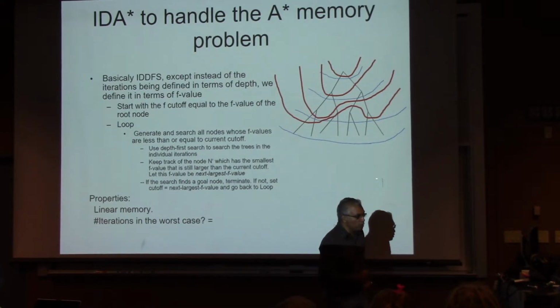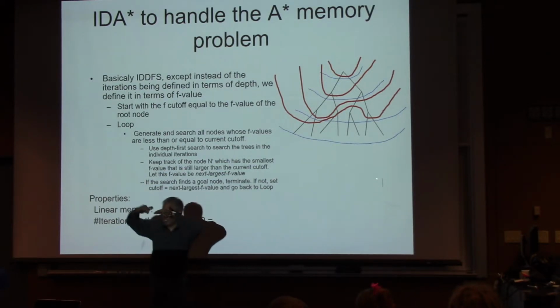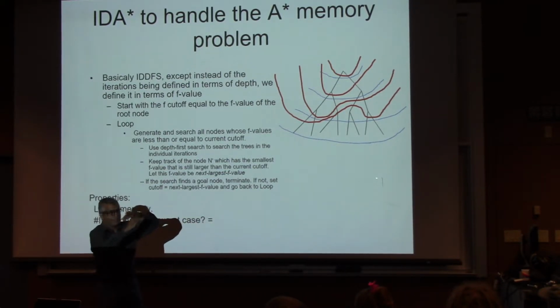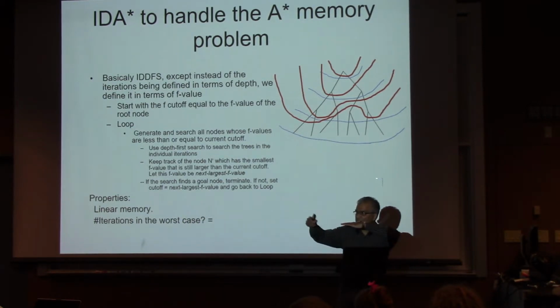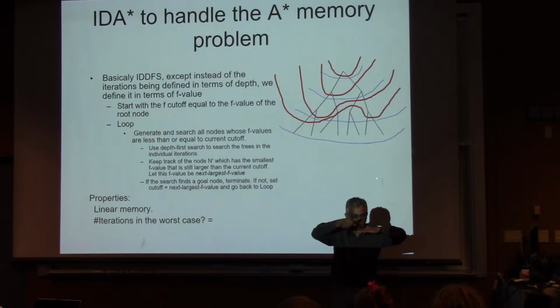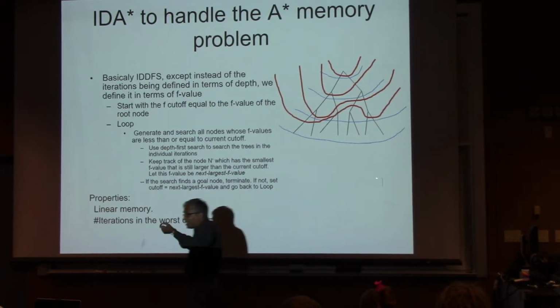What you need to do is keep track of the F bound. For each search node that is above the F value bound right now, you say, sorry, next time, right now I'm not going to deal with you. And you throw them out, right? But before throwing them out, you remember their F value.